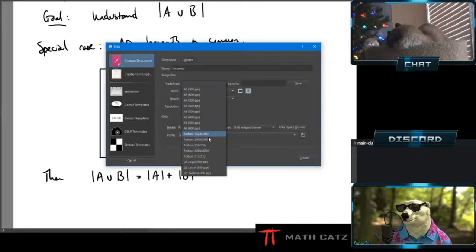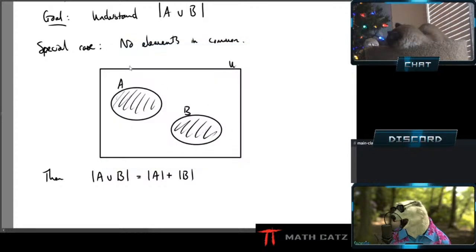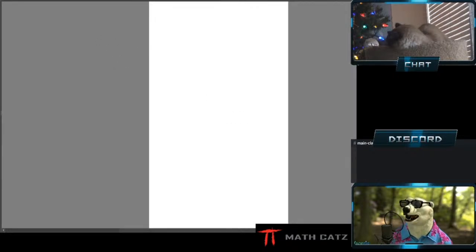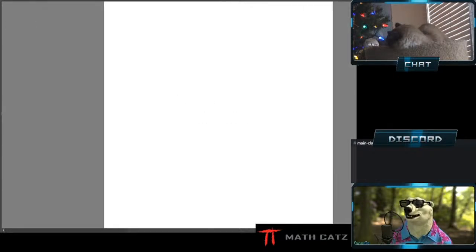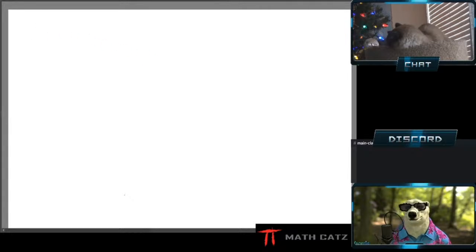But in general, we won't know if they have no overlap, and we have to be ready for the fact that there is an overlap. So see what would happen then. In general, A intersection B may overlap.